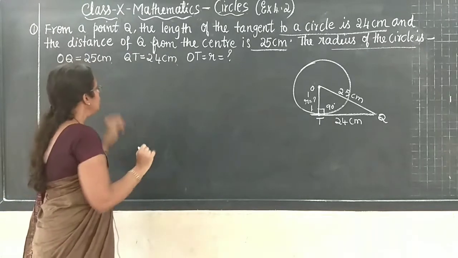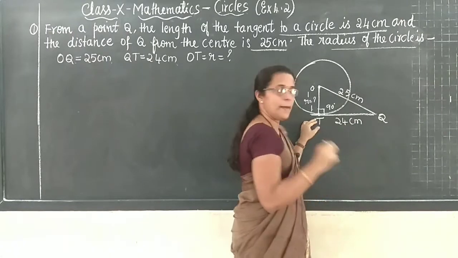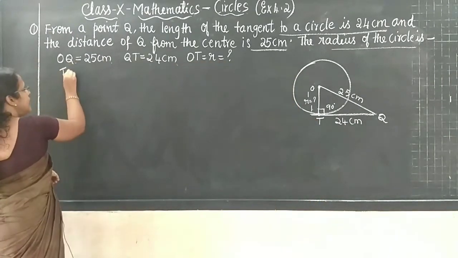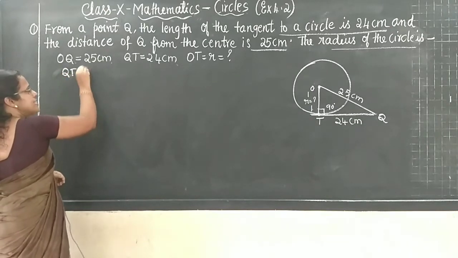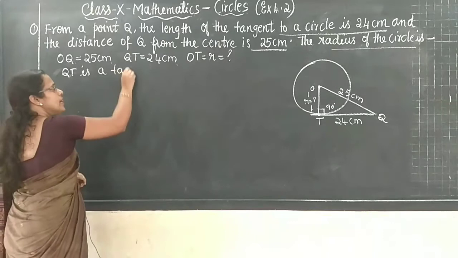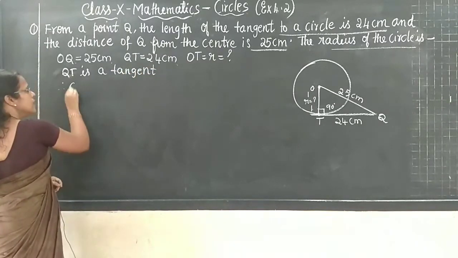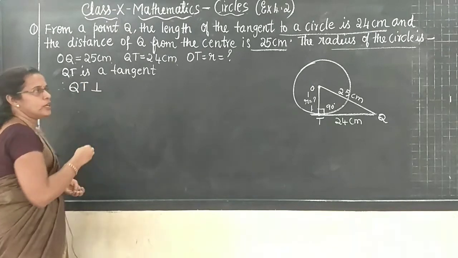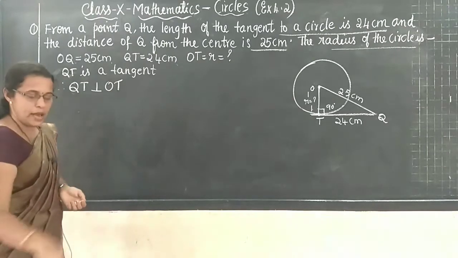Now you already know that TQ is a tangent. QT is a tangent. If it is a tangent, QT is perpendicular to OT. Yes, children, for the radius it is perpendicular.